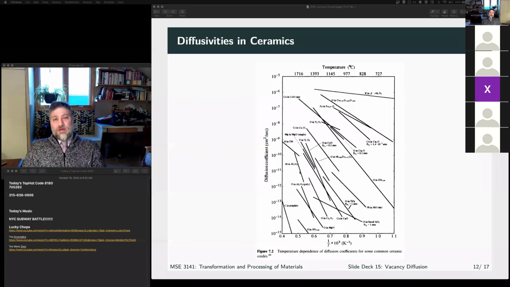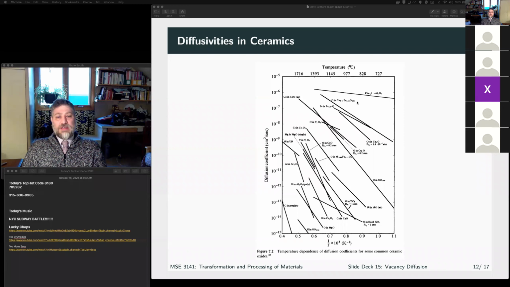And so, but what's interesting here is take a look at the range. This is what I wanted to really highlight here, right? Of diffusivities in different ceramics, right? So we go from fairly fast ion conductors, right?